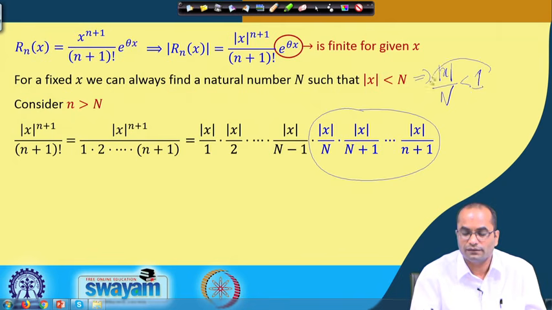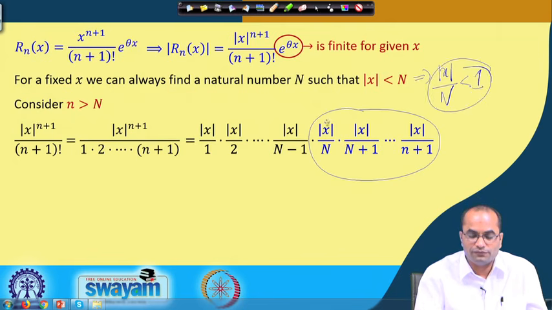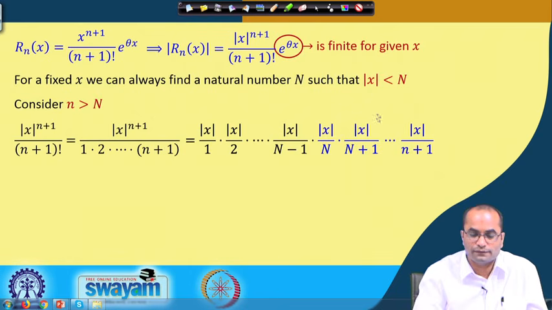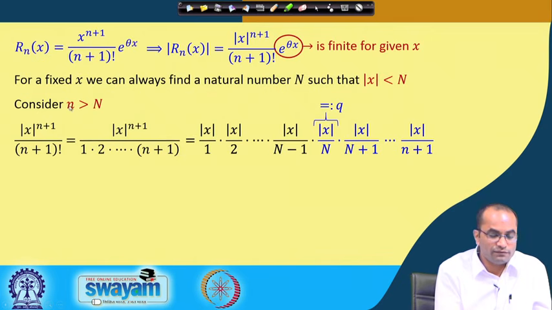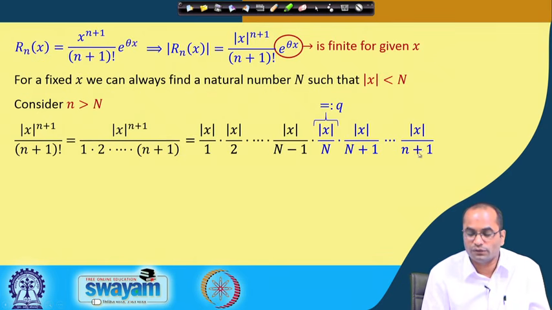Out of this expression, we see that the absolute value of x divided by N is less than 1. Now, if we assume this is a number q, so we have a q here, and this is in fact divided by N plus 1. So, this is less than q, and all other terms here are less than q. Again, note that n was bigger than N, so we have gone up to the n plus 1 term, and this N will be somewhere in the middle.